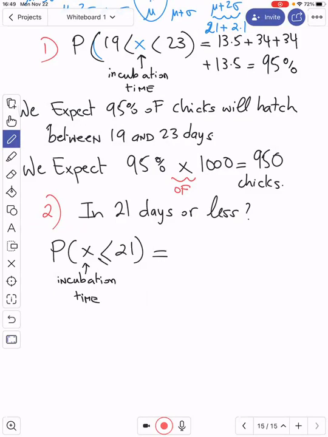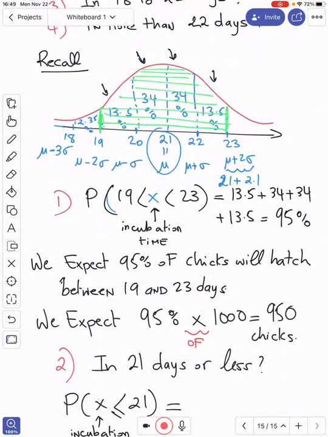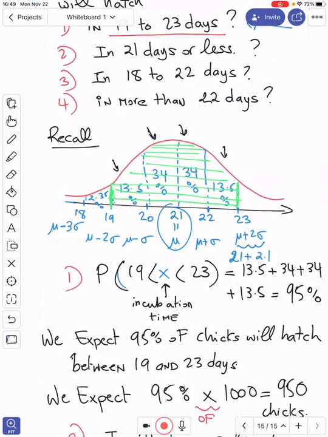All right, now let's take a look at the graph. What would be the probability that x is less than 21? Any guess? Is it 47.5? Nice try.